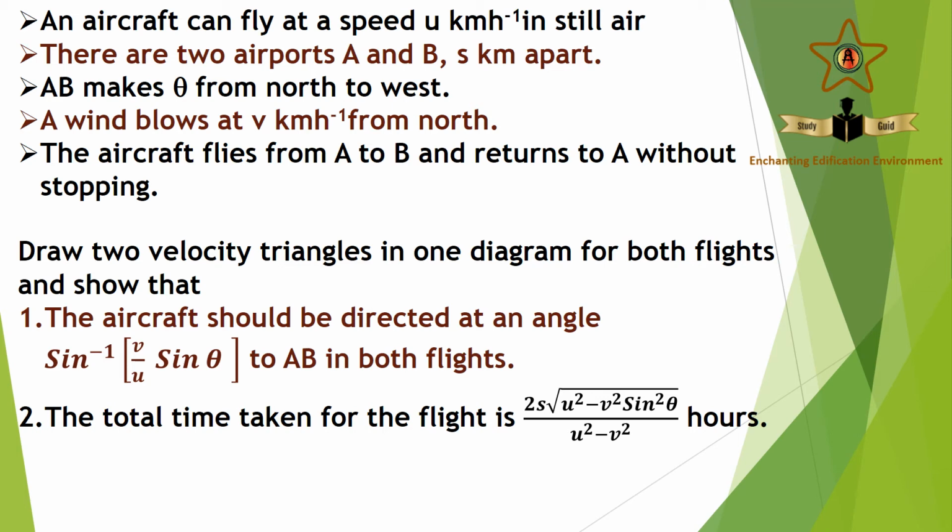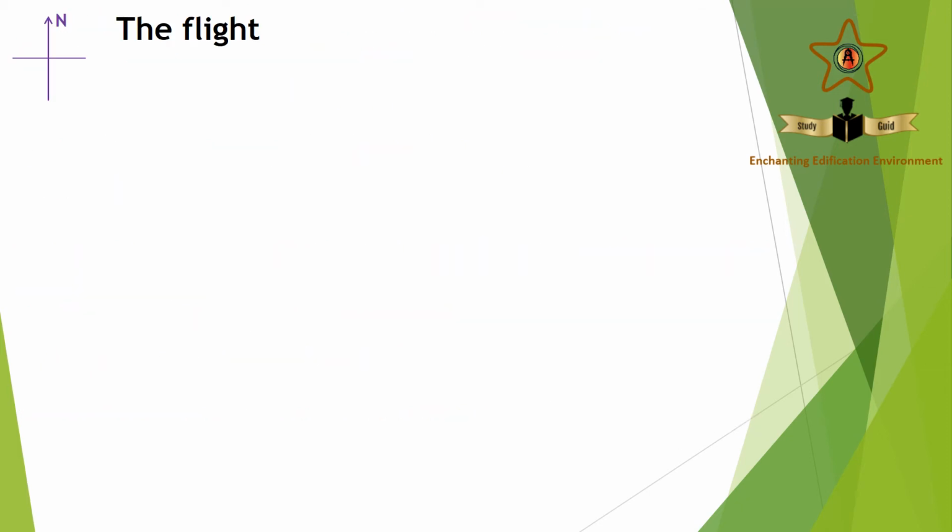Second, the total time taken for the flight is 2s into square root of u squared minus v squared sine squared theta over u squared minus v squared hours. Now first of all, we'll draw how this flight occurs.